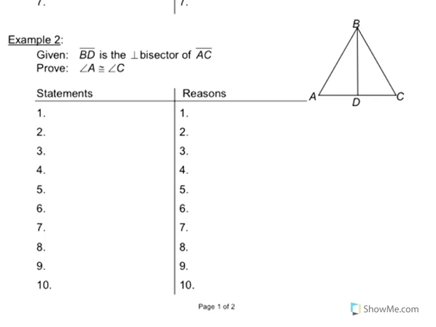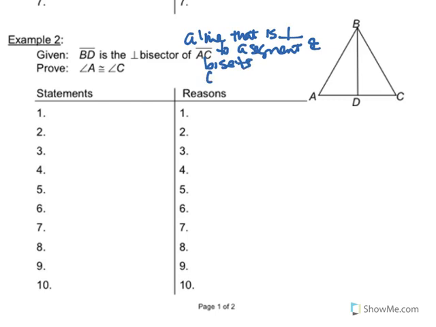Okay, so hopefully what you've been thinking about is that since BD is a perpendicular bisector, we know that a perpendicular bisector is a line that is perpendicular to a segment and it bisects, or intersects, you could say intersects or bisects, the segment at its midpoint.